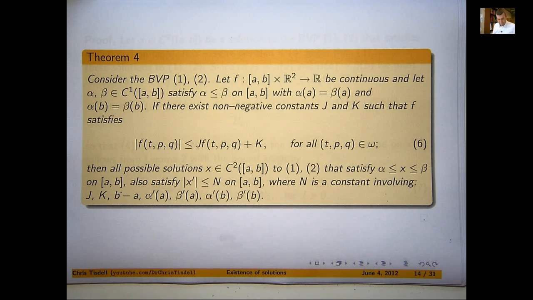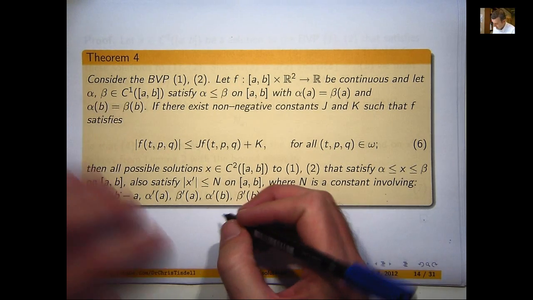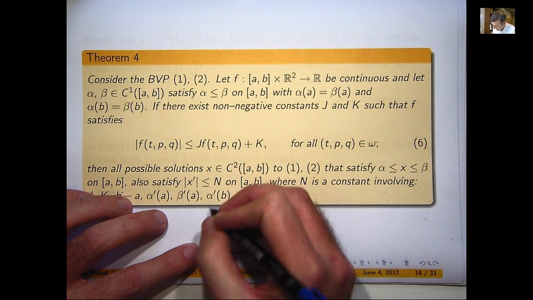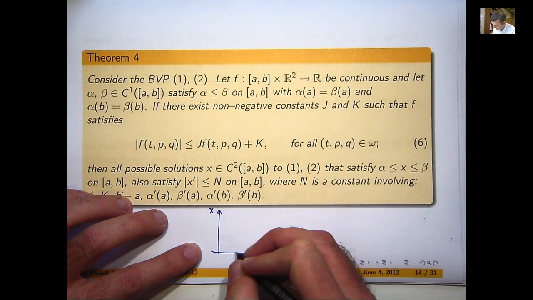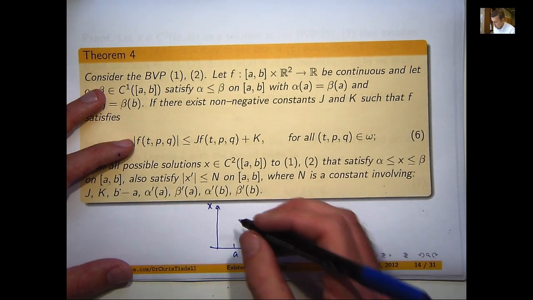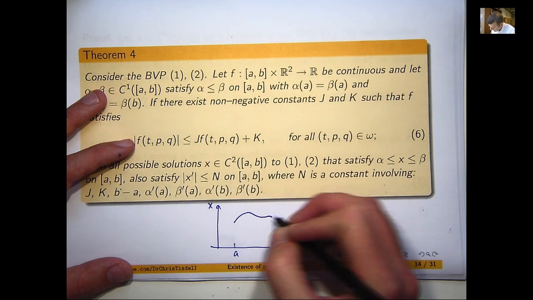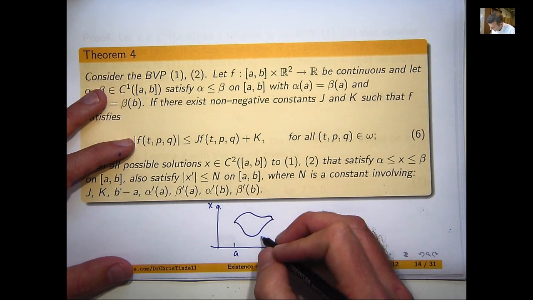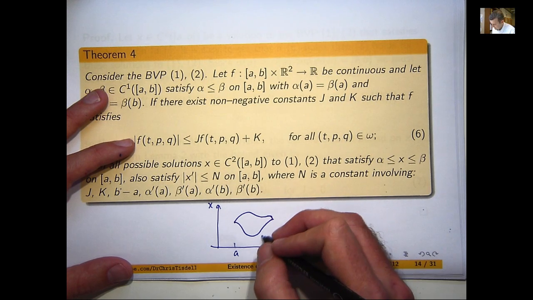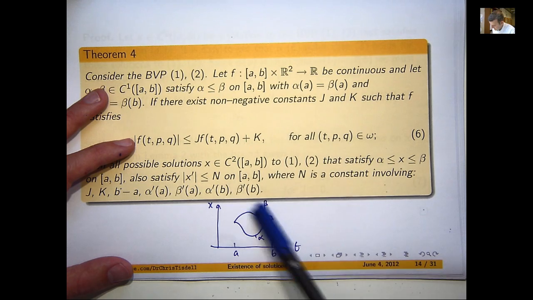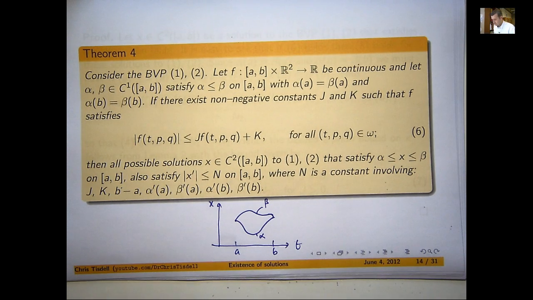Well, again, let's have a little picture. So suppose this is my beta function and this is my alpha function. Okay, so that's my beta up the top, that's my alpha down the bottom.